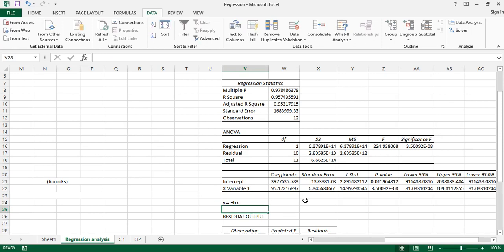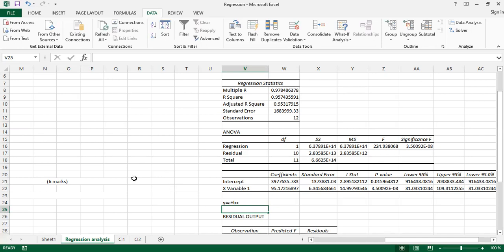These coefficients are our values, our a and b. This x variable is the b in the equation, and the intercept here is the a in the equation. So from here we can estimate y, isn't it?